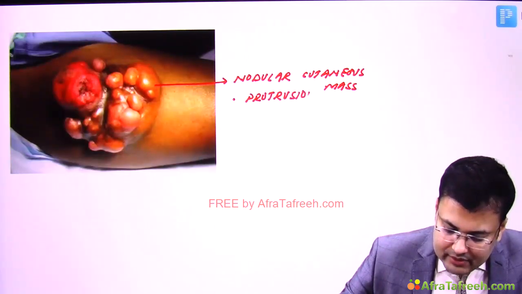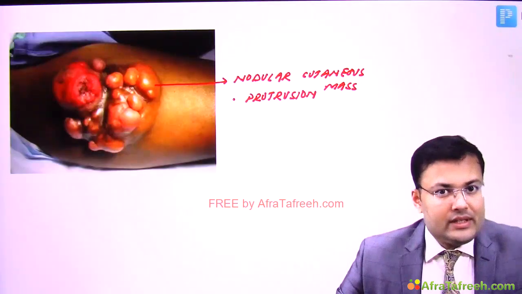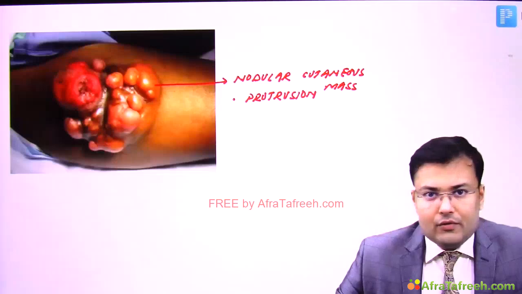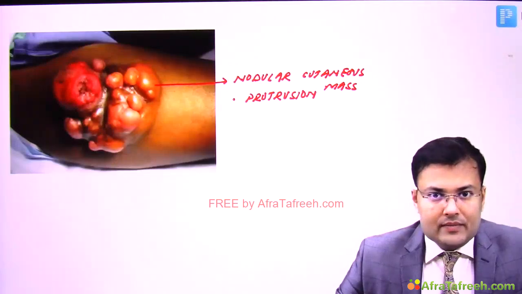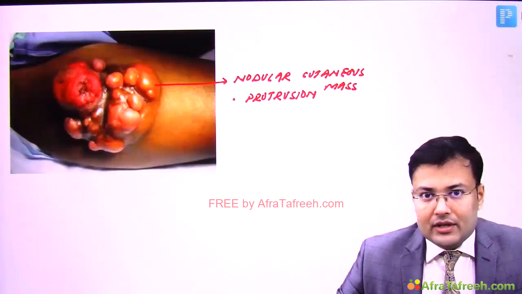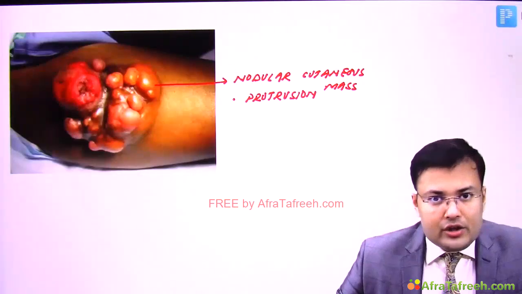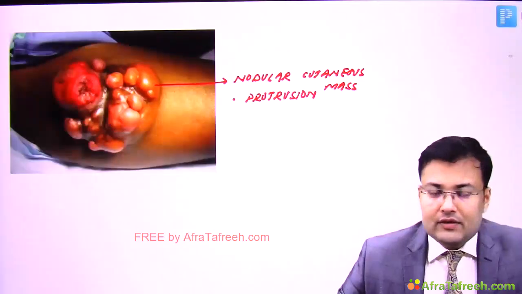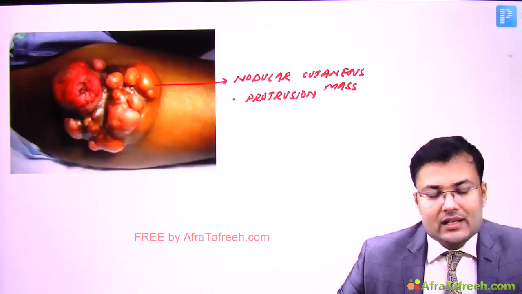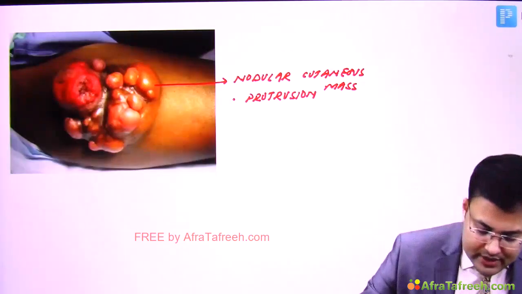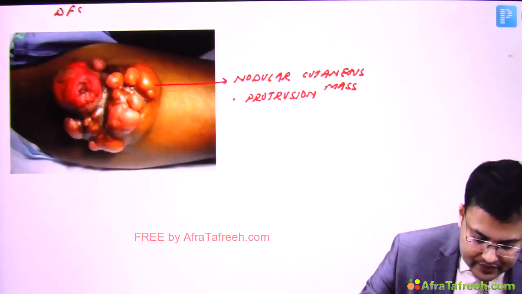And what is the name of this tumor? The name of this tumor is DFSP, dermatofibrosarcoma protuberans. This is a very important tumor, and this is a very hot tumor nowadays, because in most of the exams 1 or 2 questions are asked related to this tumor. So in short, it's known as DFSP.